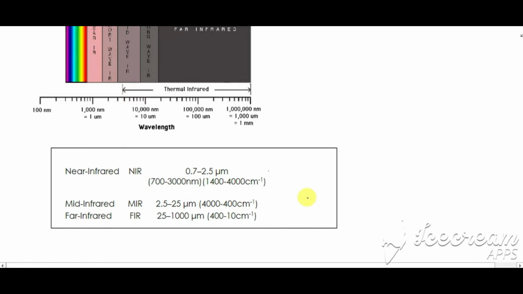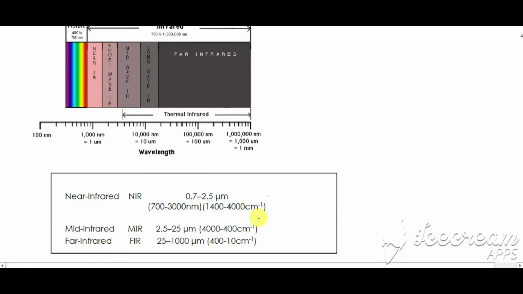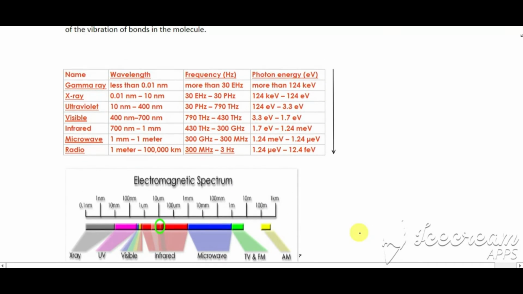In far infrared we can't see any useful spectra, so we use mid infrared for detection of organic molecules.